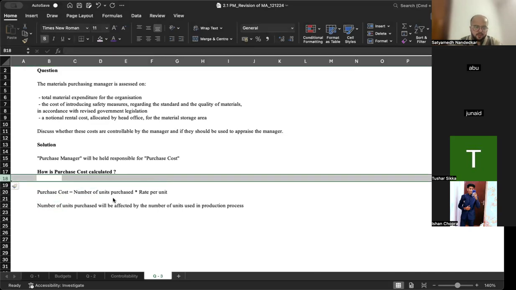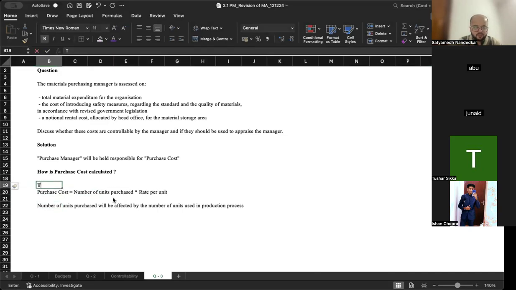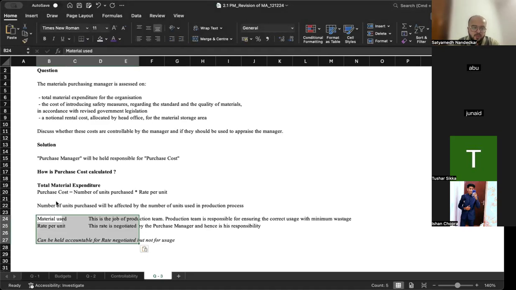Okay. So this is talking about total material expenditure. Purchase cost depends on this particular item. Now, the material used calculation is the responsibility of the production team.